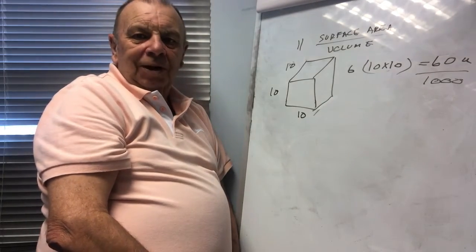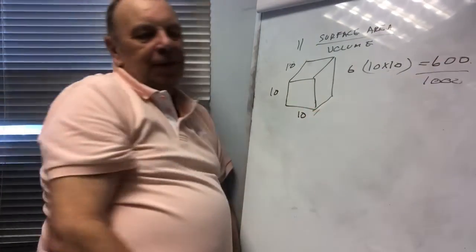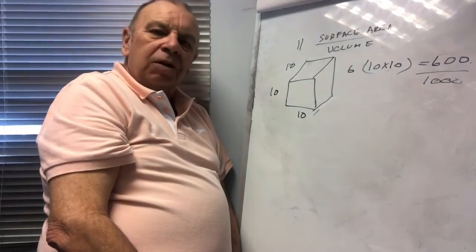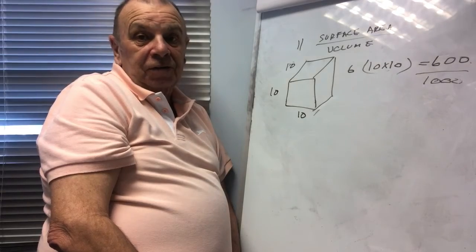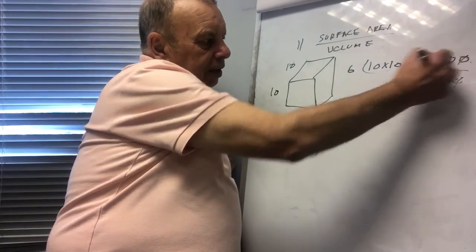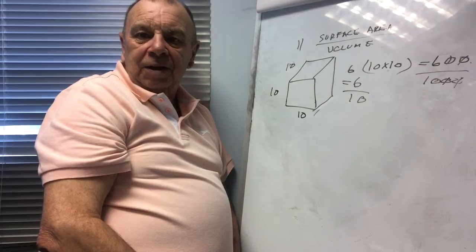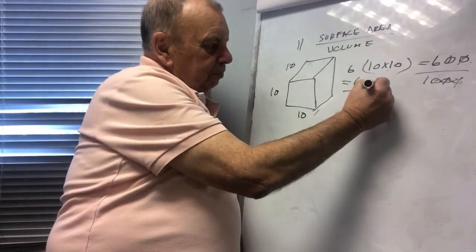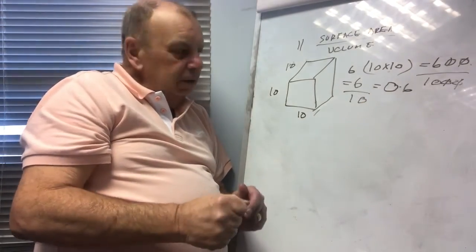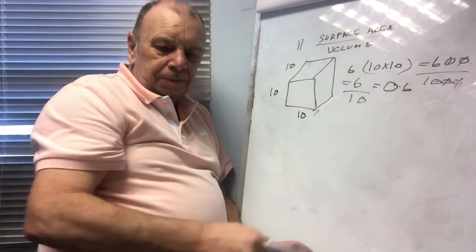By the way, I can't count, sorry, that should be 600. 10 by 10 is 100, multiplied by 6, 600. So therefore, the surface area to volume ratio, I'm just going to cross out those zeros, is 6/10, which if we're thinking metric, is 0.6. So the surface area to volume ratio is 0.6.